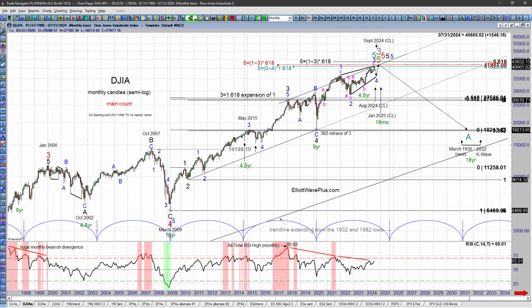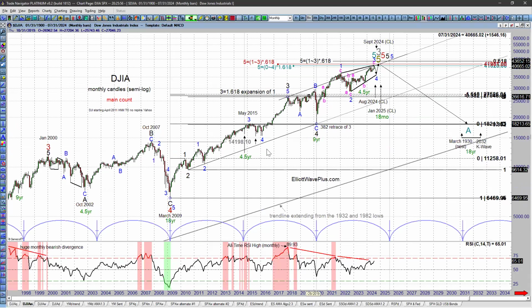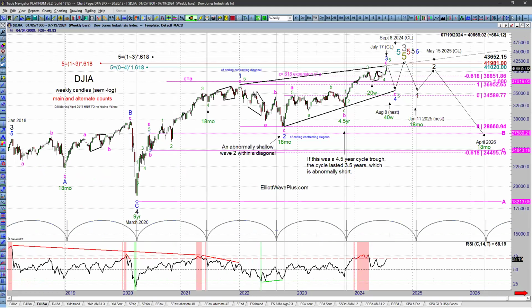Longer term, within each 9 year cycle, there are two 4.5 year cycles. And I'm not going to go too much into depth into Hurst here, but it is a completely different methodology, and it adjusts.